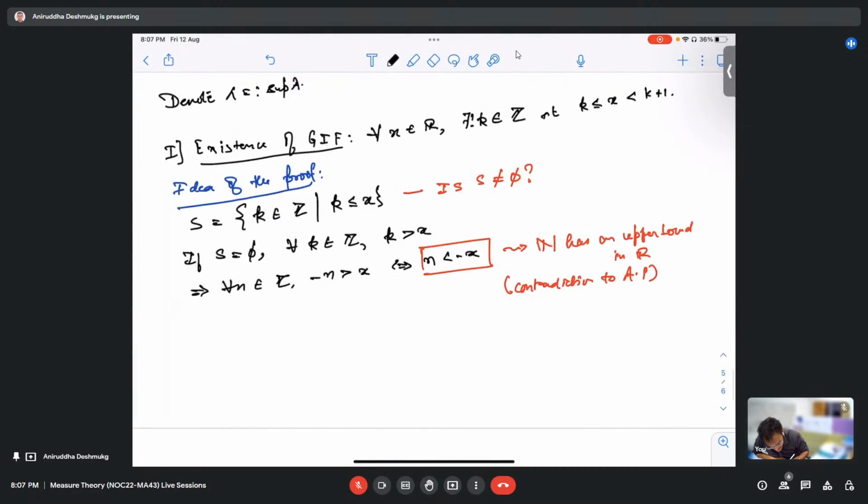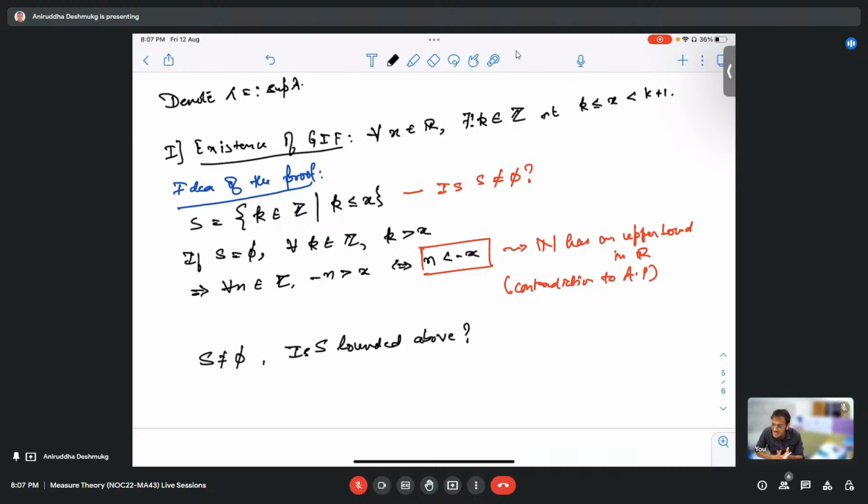Now since S is non-empty, is S bounded above? No, sir. It is not bounded above? It is bounded above, right? Because by definition, every element in S is less than or equal to x. But the element belongs to the integers.